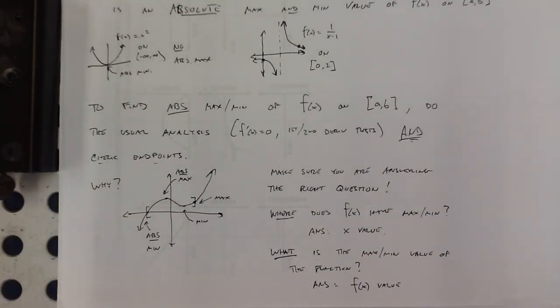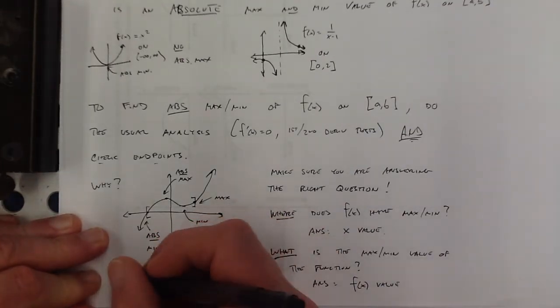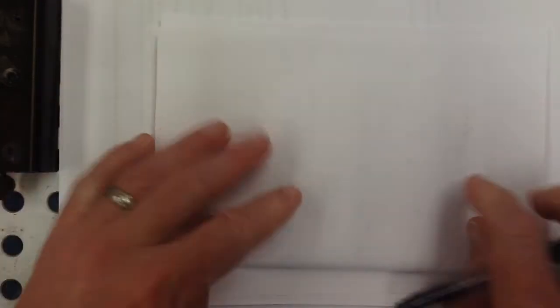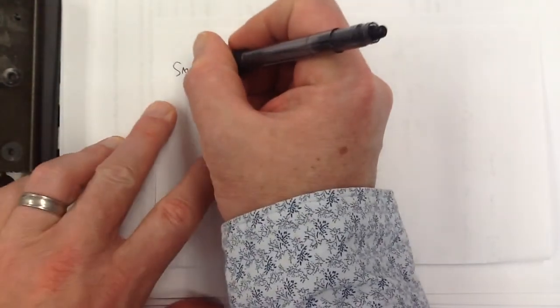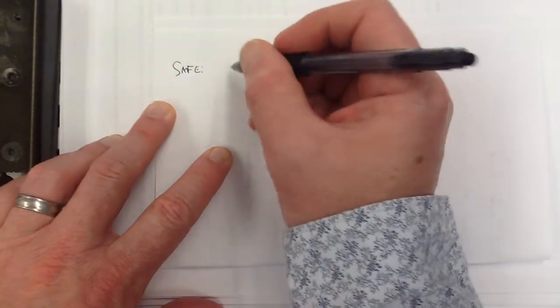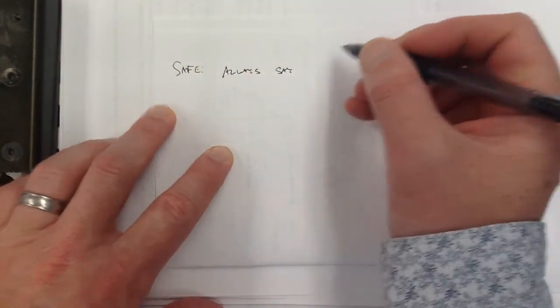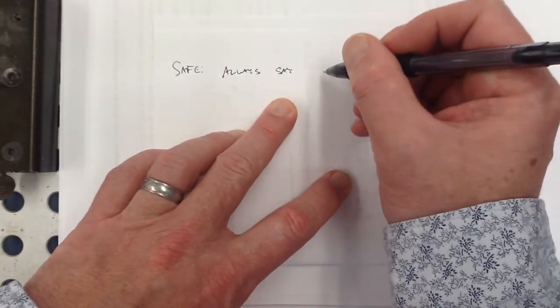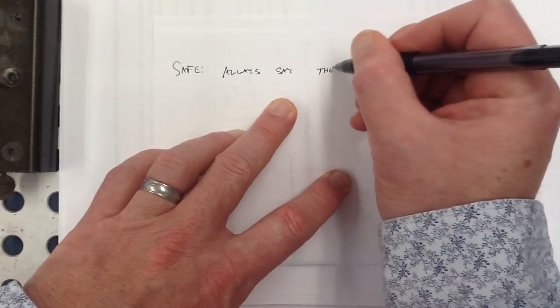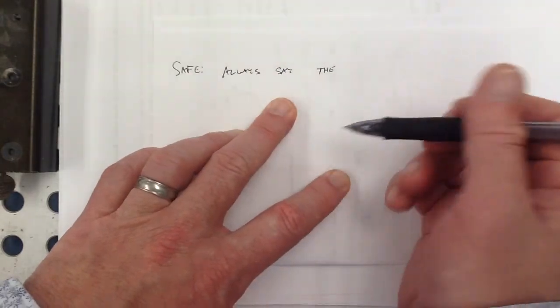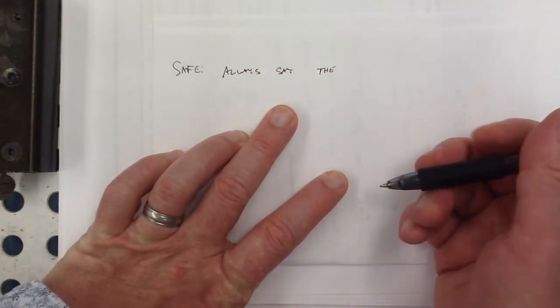If you want to be super safe and cover your bases all the time, you can always say, let's say you did your analysis, you got your value, and let's say it happens at some value, let's call it c.